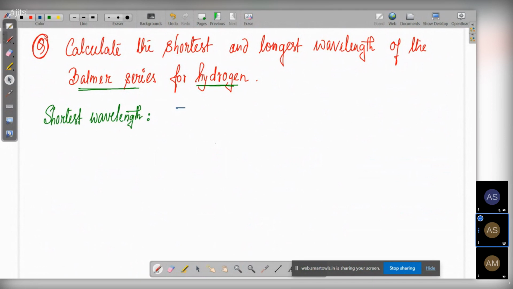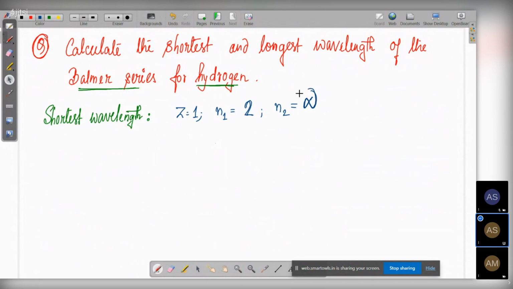So Z is equal to 1, N1 is equal to 2, N2 is equal to infinity. So for the shortest wavelength, this value should be infinity, infinity to 2.